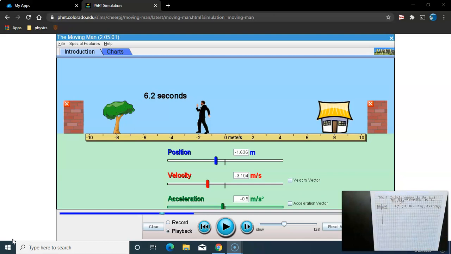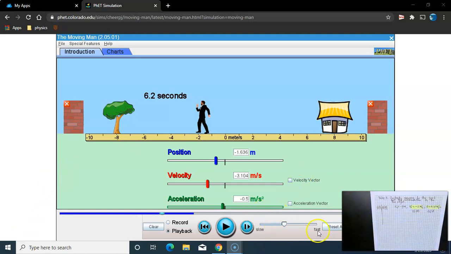He's initially moving to the left, but the acceleration is to the right. So the velocity is negative, but the acceleration is positive.